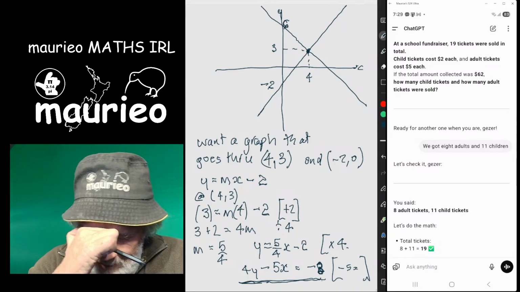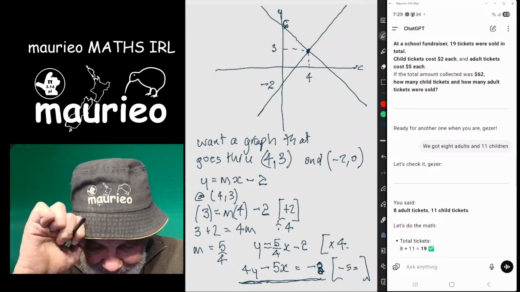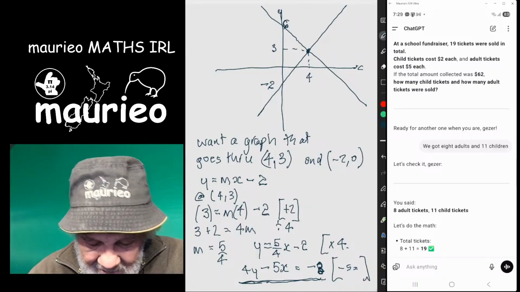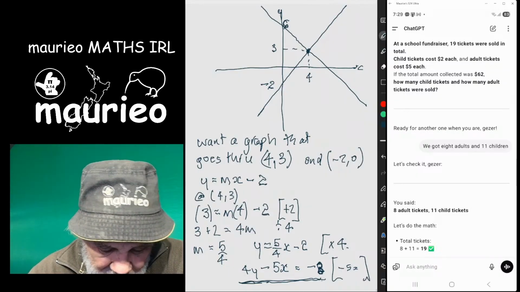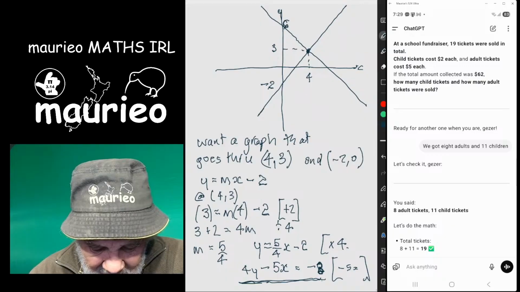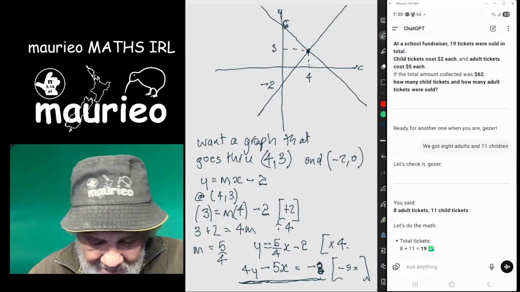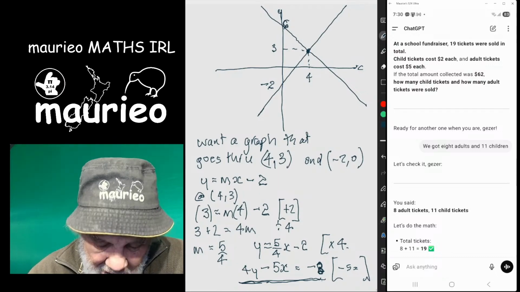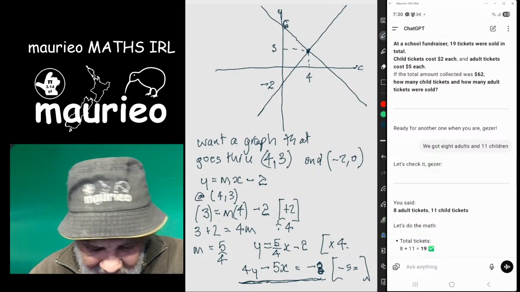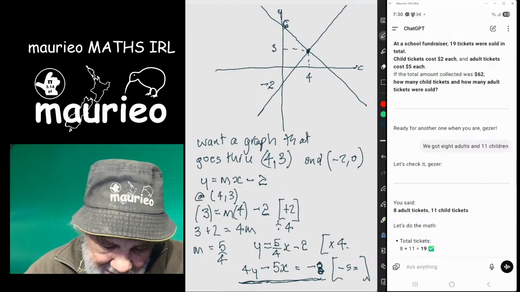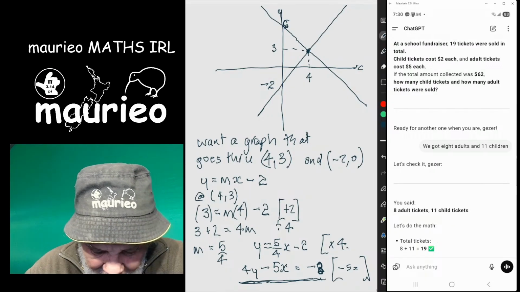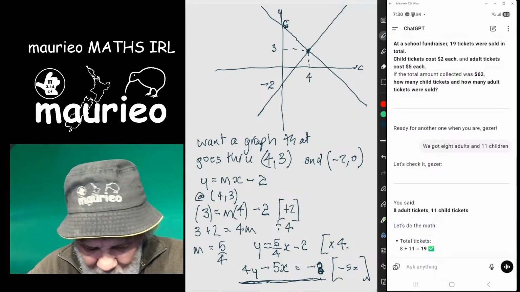The first one I chose, I said, well, let's have one with a y-intercept of -2. So that enables us, using y equals mx plus c, well, we know that the y-intercept is -2, and then we know a point on the line, so we can substitute that, and we're able to work out what the equation was, and in this case it was y equals 5/4x minus 2.